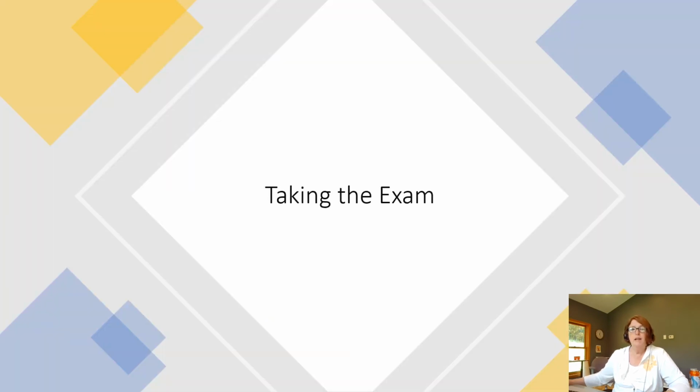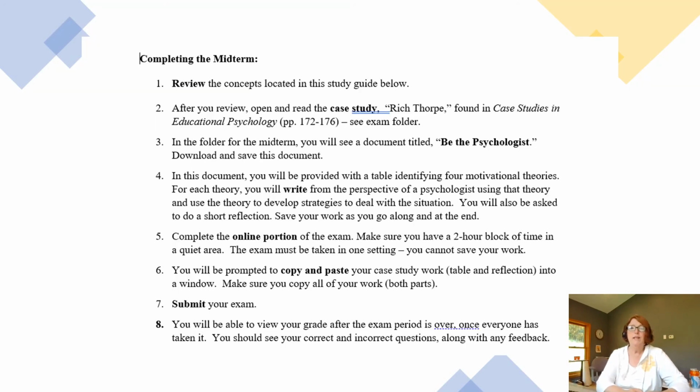Let's talk about taking the exam. So you'll take the exam next week, and what you need to start to do is to review the concepts in the study guide, read the case study, Rich Thorpe, look at the document, Be the Psychologist, and start to fill that out. In the document, you're provided with a table identifying 4 motivational theories.